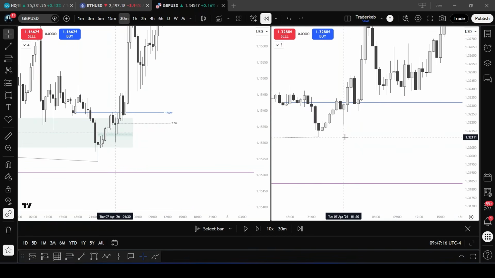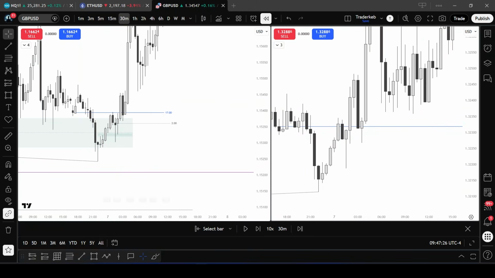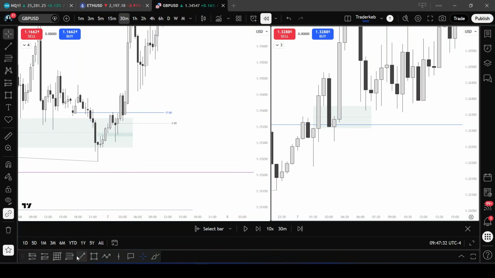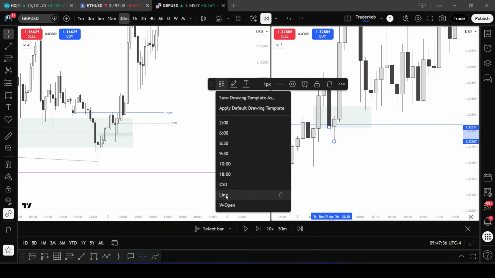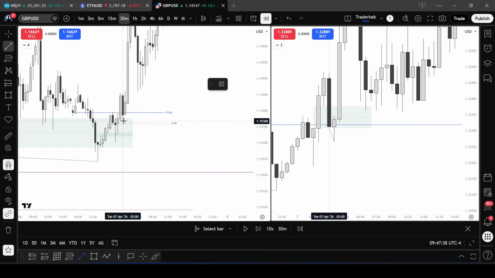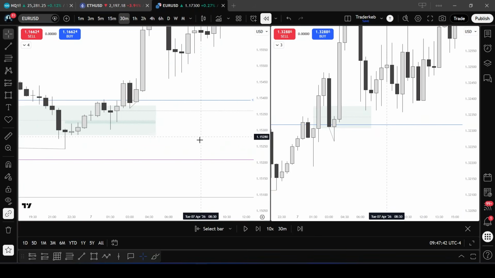And do we have any SMT? Is there any SMT? Yes, we have an SMT in this fair value gap here. There is a fair value gap here. You can see that. And we have a lower low here. At the same time, we have what? A higher low there. You can see that.